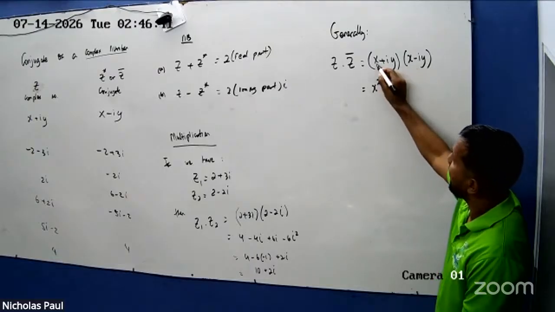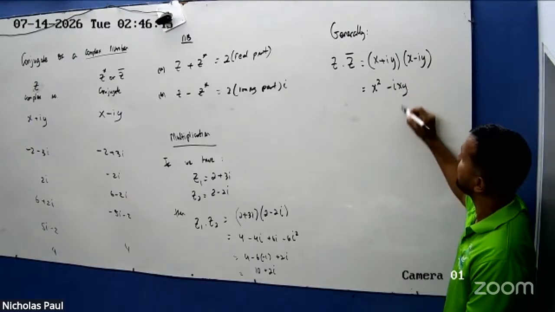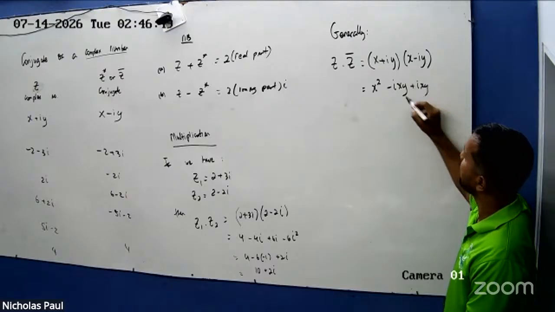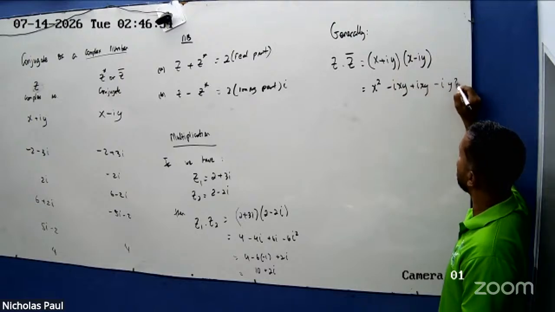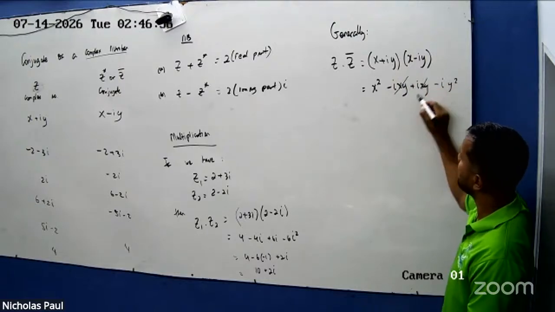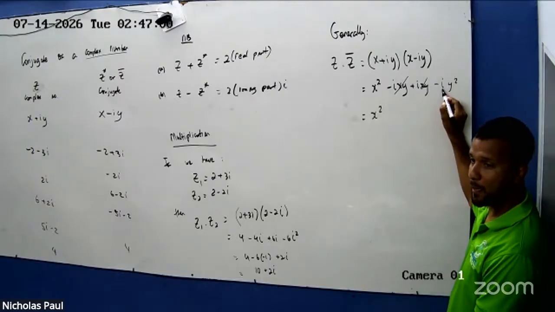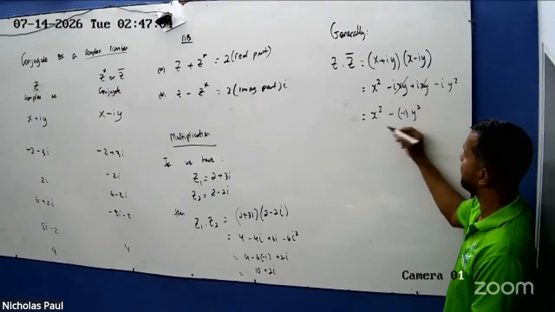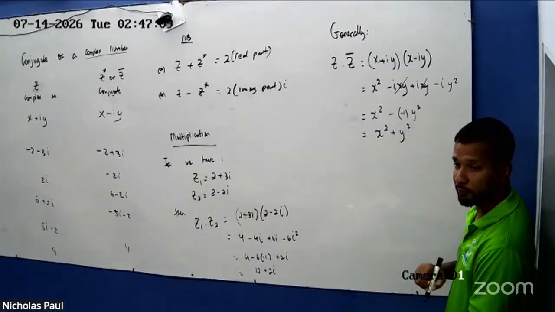X times minus iy is minus ixy. iy times x is plus ixy. i times i is i squared, and minus y squared. This will cancel, and you'll get x squared. i squared is what? Minus 1. So you'll get minus 1 times y squared. So you'll end up with x squared plus y squared.